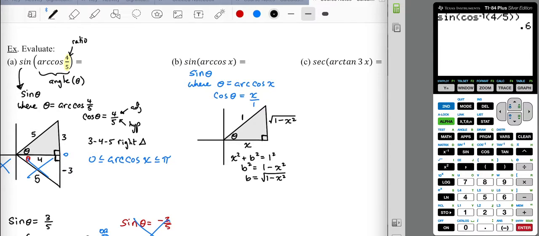All right, so that's my missing side. Now if I want the sine of theta, opposite over hypotenuse, I'm going to get the square root of 1 minus x squared over 1.